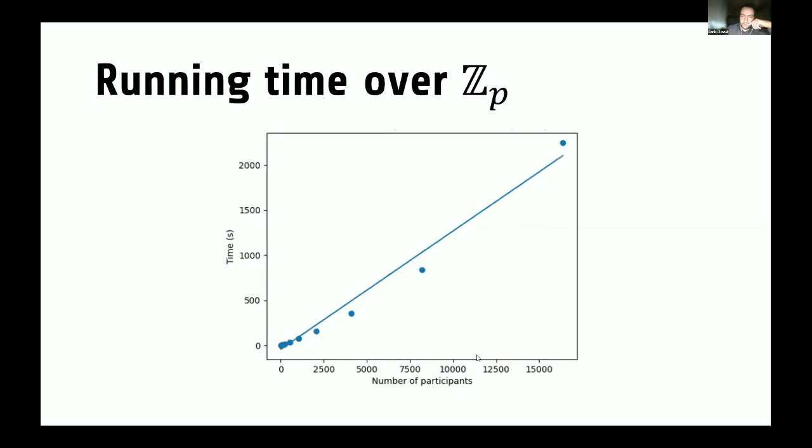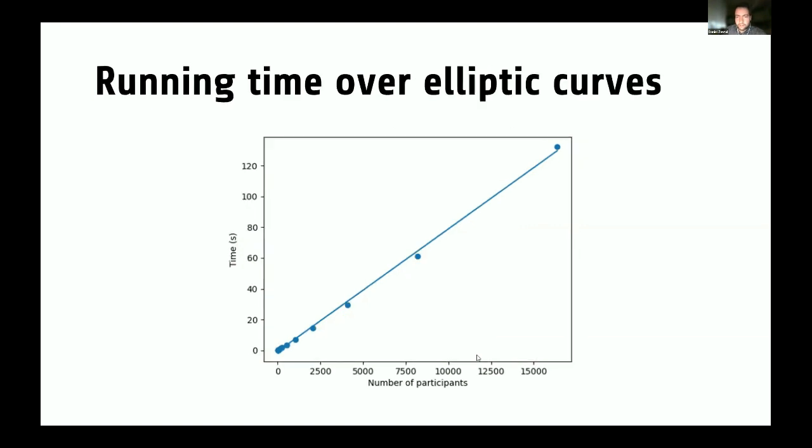For example, if we have 15,000 participants, then the running time over Z sub p is a few thousand seconds. And if we do it with elliptic curves, it's only 120. So it's almost a 20-fold speedup if we do it with elliptic curves.